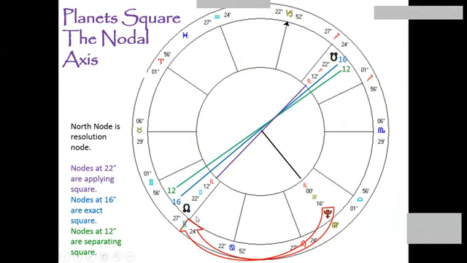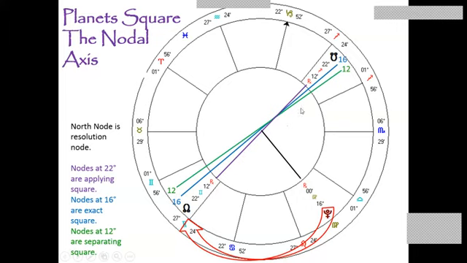This going backwards is less than 90 degrees. So the north node is a crescent phase, first quarter square to Pluto. The south node is three quarters of the way around, a disseminating phase, last quarter square to Pluto. So these are applying squares with Pluto.